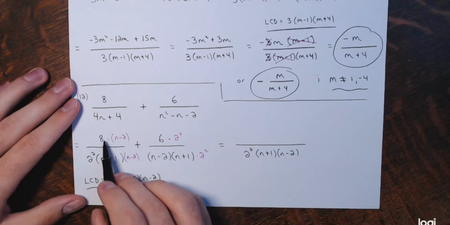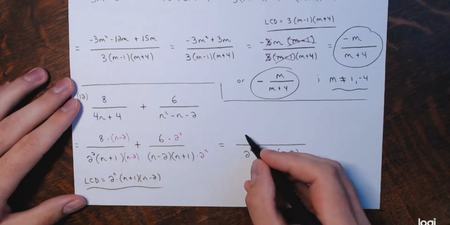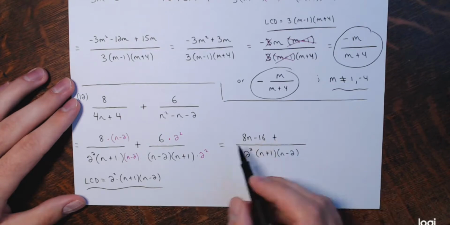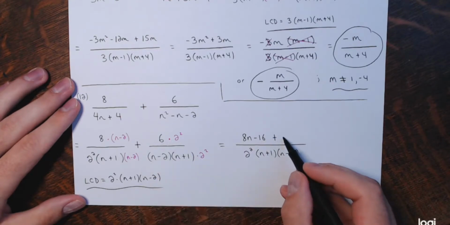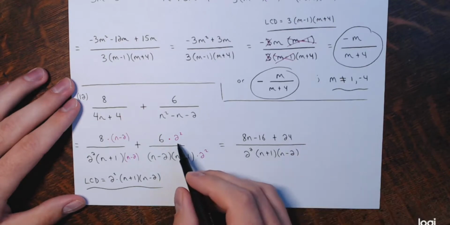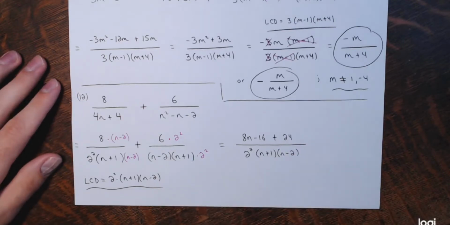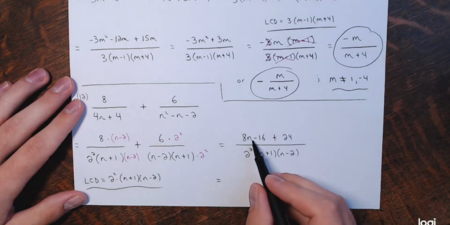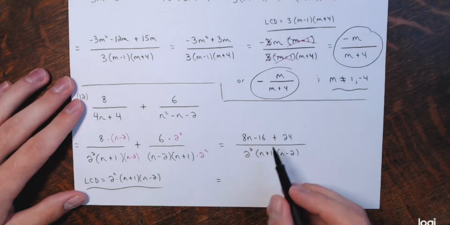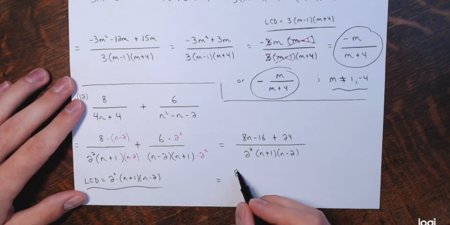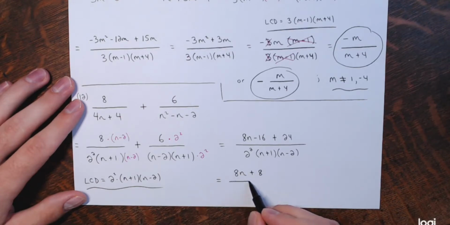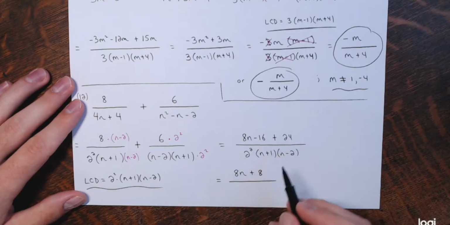First numerator is 8n minus 16, right? 8 times n minus 2, plus the second numerator is 24, right? 6 times 4, 6 times 2 squared. And we can simplify this. That's 8n plus 8 in the numerator after combining like terms.